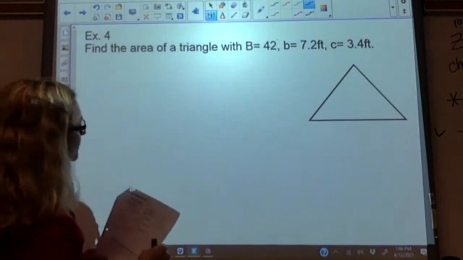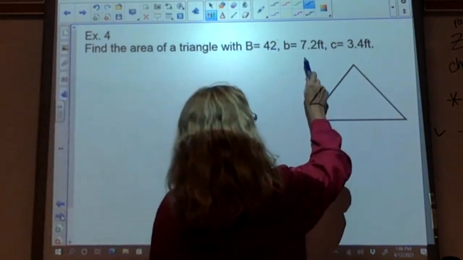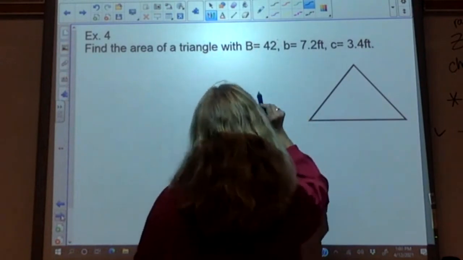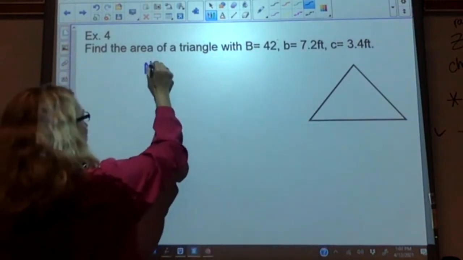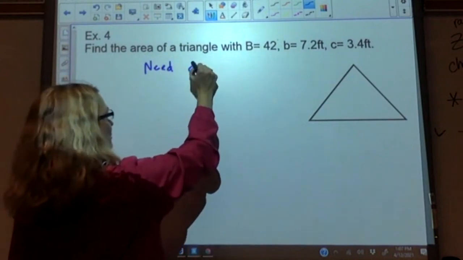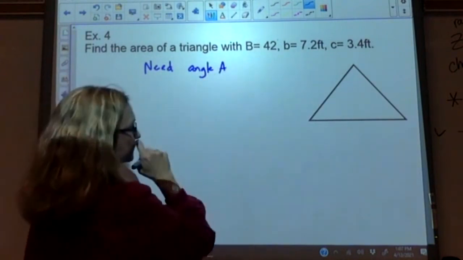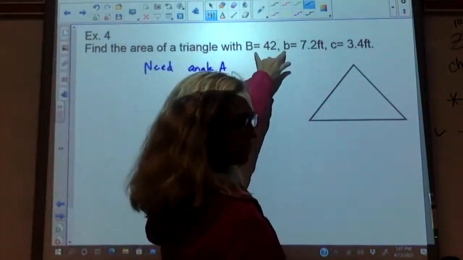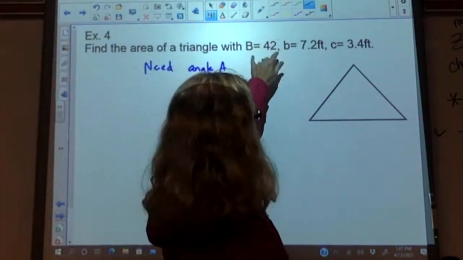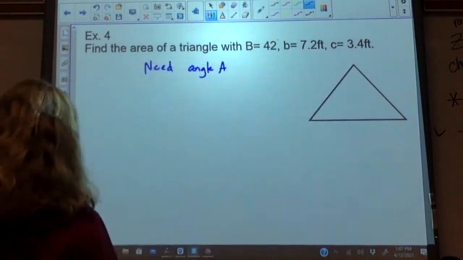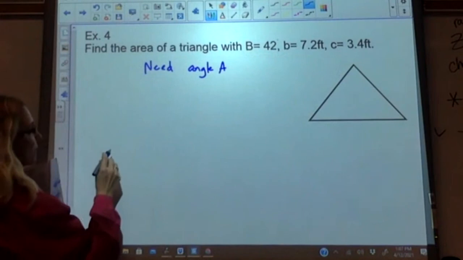All right, here in this problem, I have 2 sides, but I need angle A. I've got angle B, so I can't use the area formula yet. I need angle A. But when I look at this, I realize I have 2 of the same letters, so I can set up a proportion using the law of sines and find the missing angle.